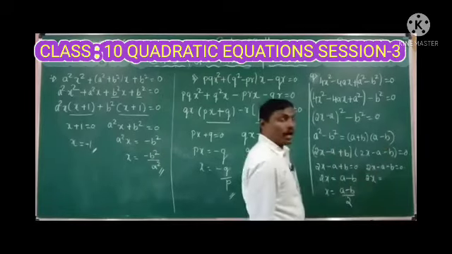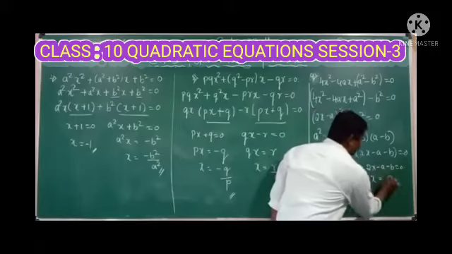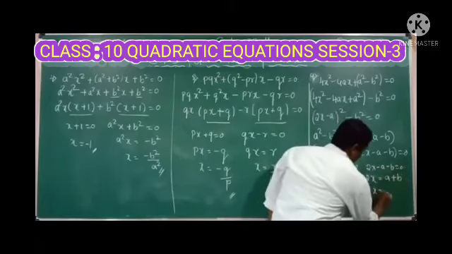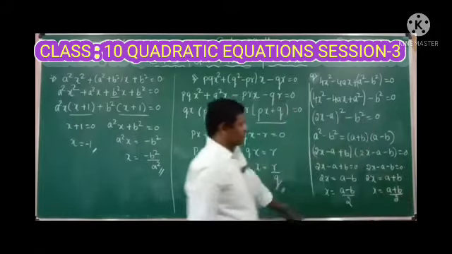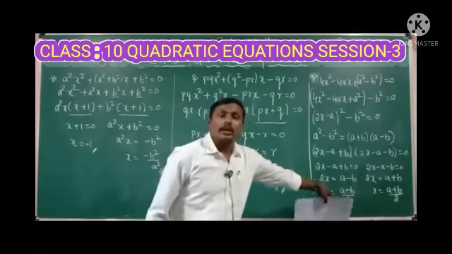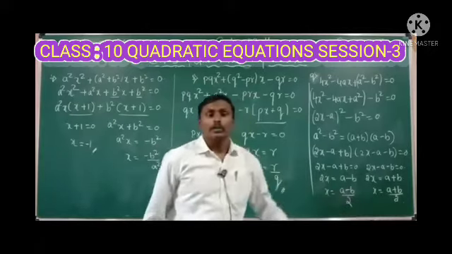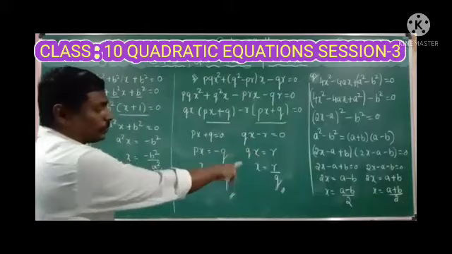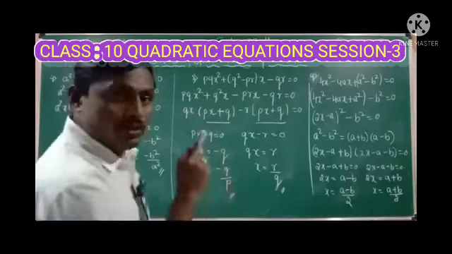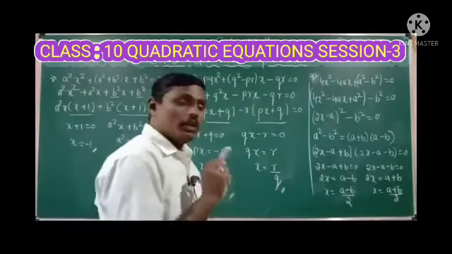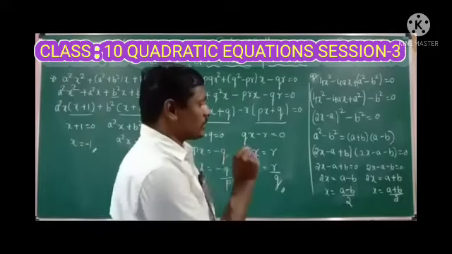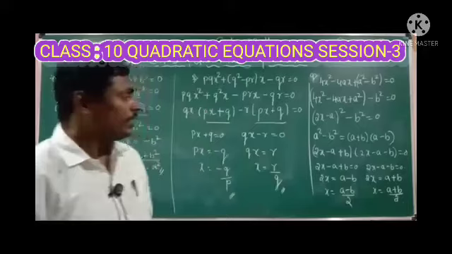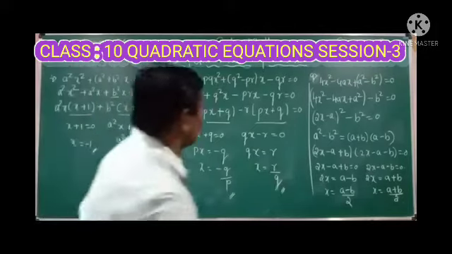Take it to the RHS side, so minus a becomes plus a and minus b becomes plus b. Now x is equal to (a plus b) divided by 2. So these two are the required roots of the quadratic equation. What are the two roots here? x is equal to (a minus b) divided by 2, one root, and the second root is x is equal to (a plus b) divided by 2.